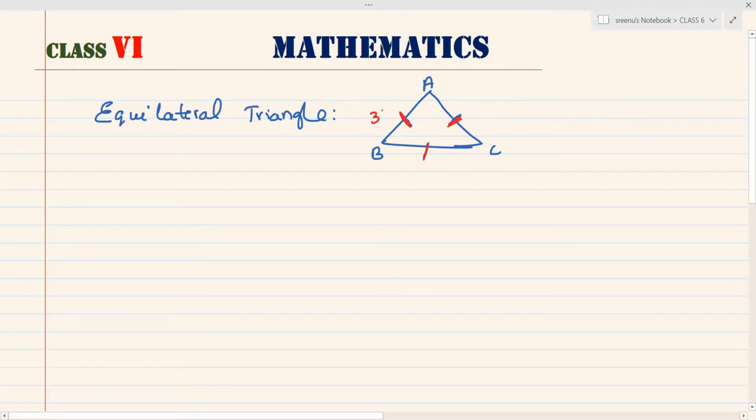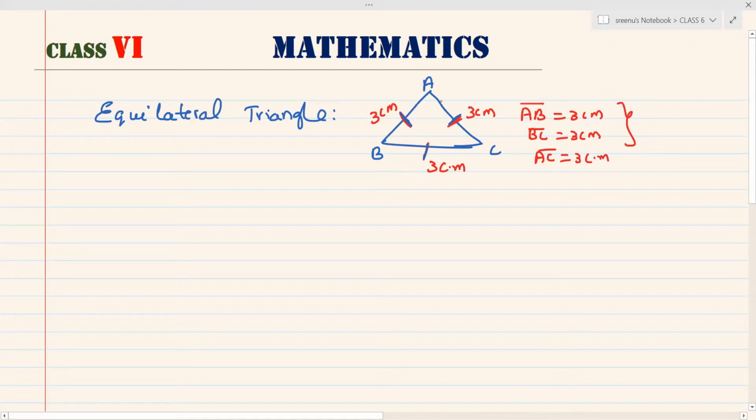Suppose this is 3 centimeters, AC is also 3 centimeters, BC is also 3 centimeters. That means the length of AB is 3 centimeters, BC is also 3 centimeters, AC is also 3 centimeters. All the three sides are equal.